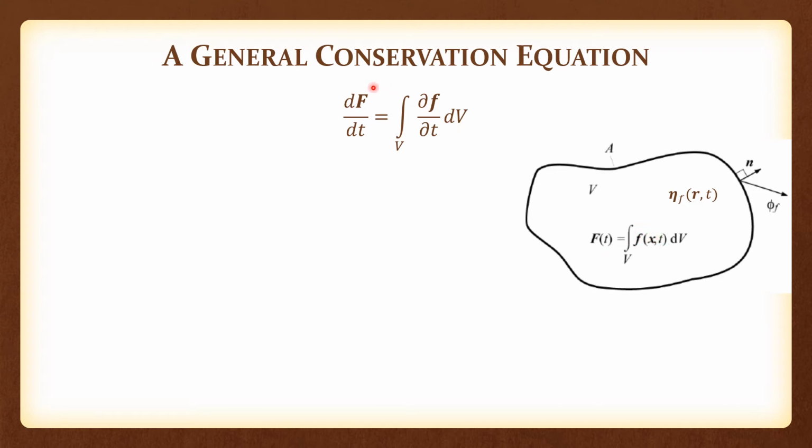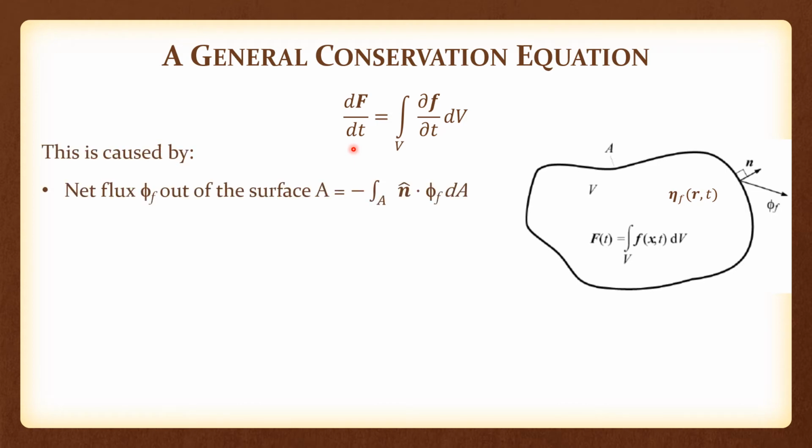Now if I were to figure out the overall rate of change of mass, for example, that is the integral over the volume of the rate of change of density at every point. When I integrate the rate of change of density at every point over the entire volume, I am getting the rate of change of mass in the entire control volume.